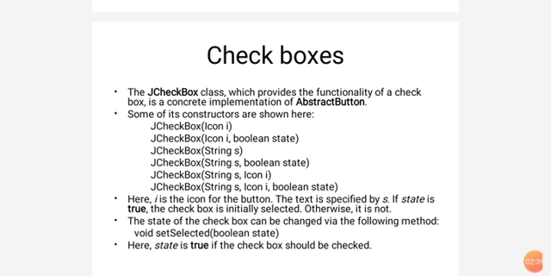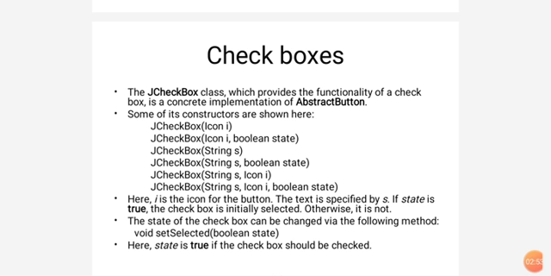Within that, whatever image is there, like pic1, pic2, if I want to select pic1, I will give slash and pic1. That total path we will give within that icon. And the string is whatever text needs to be displayed along with this image, which is specified in this constructor.